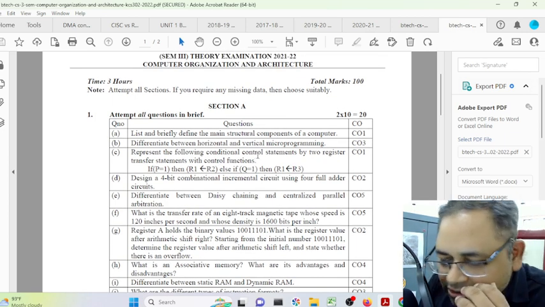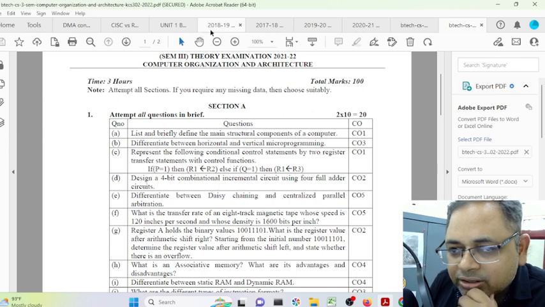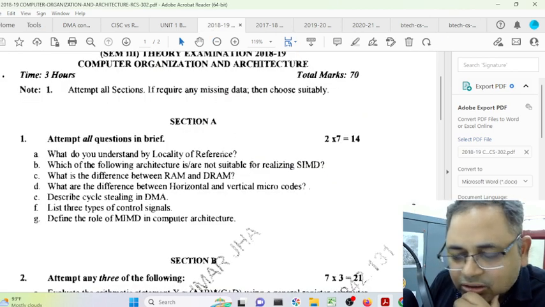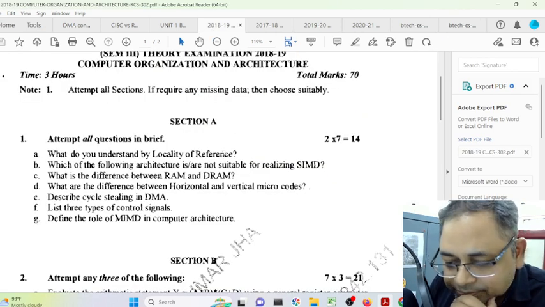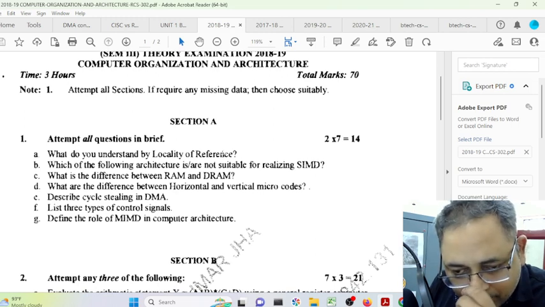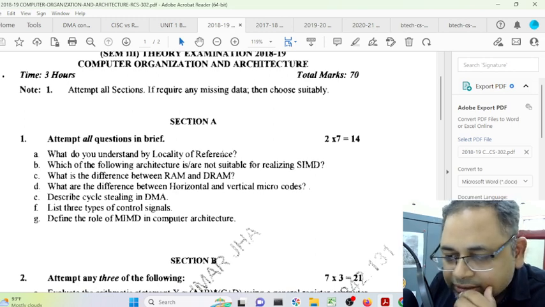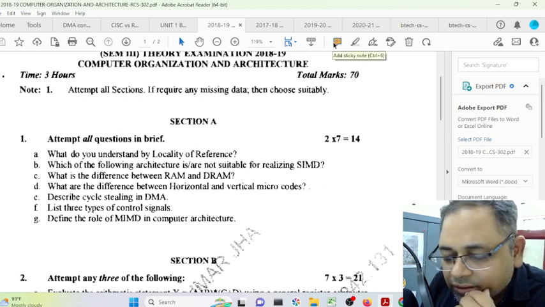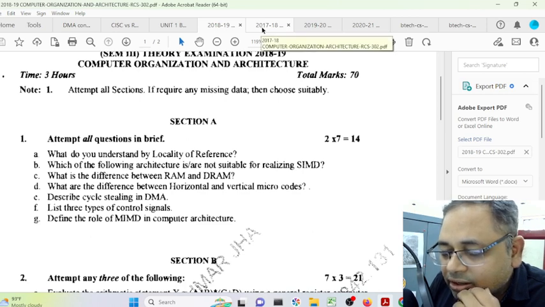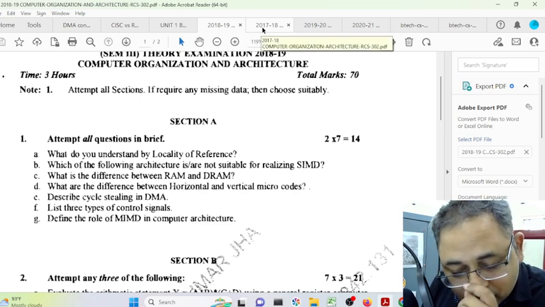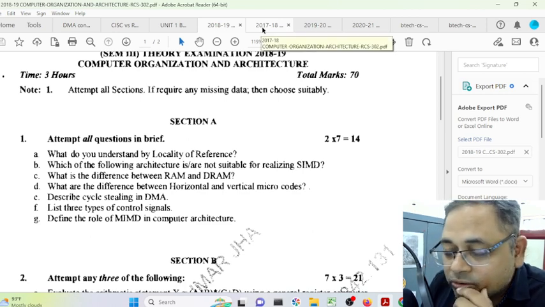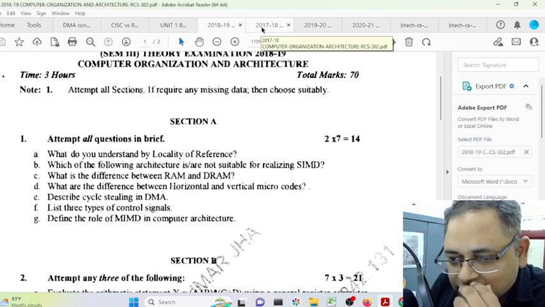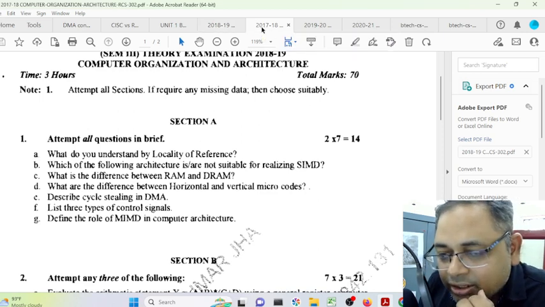So what I have just done is compare the various papers of COA, and we have come to the point that in 2 marks questions, normally no numerical is asked, and if asked, then the quantity of numericals is 1 or 2 or 3. That's one thing.